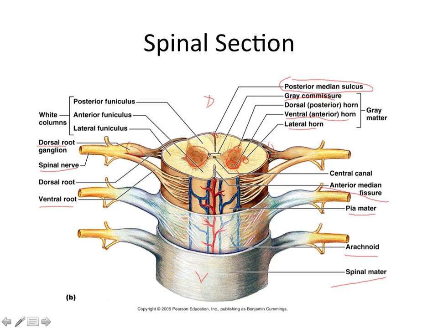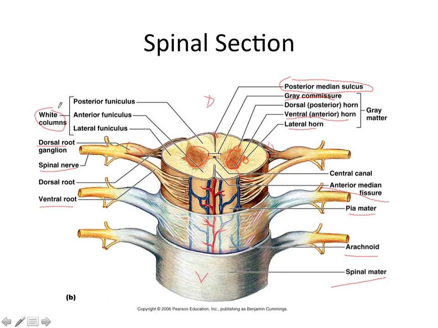The gray matter is covered by a light colored structure called the white column, or white matter.